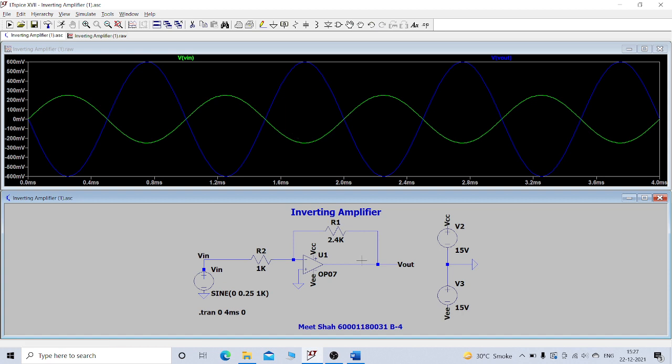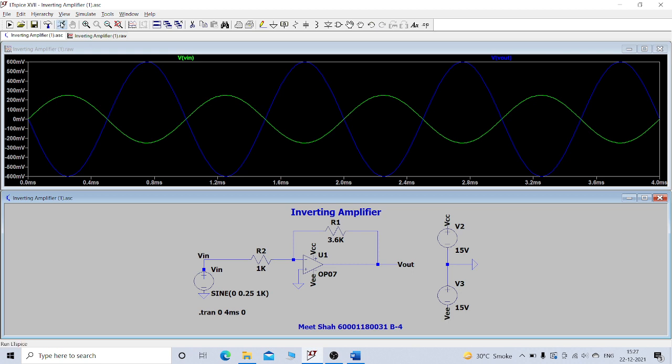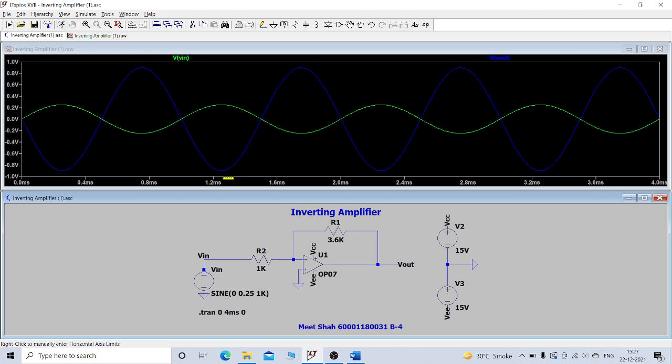Now we'll change the value of R1 to 3.6K to see what the output is. We run the simulation. We are getting this as output.